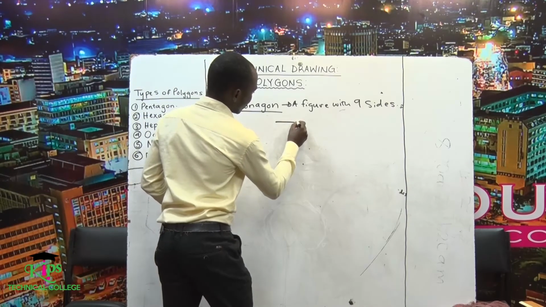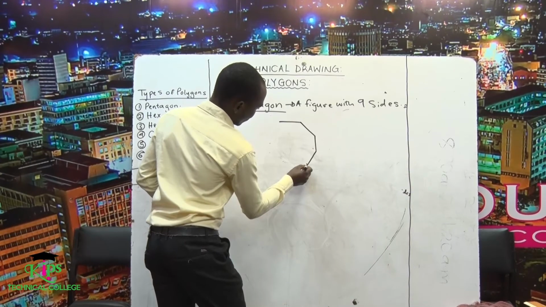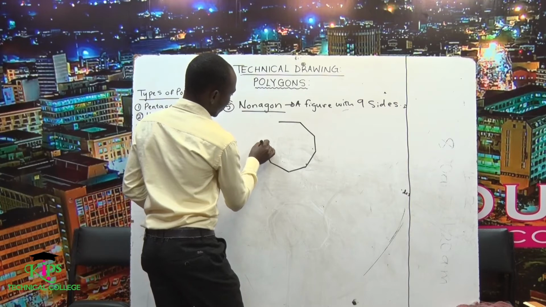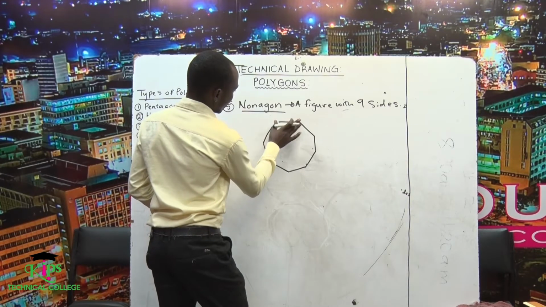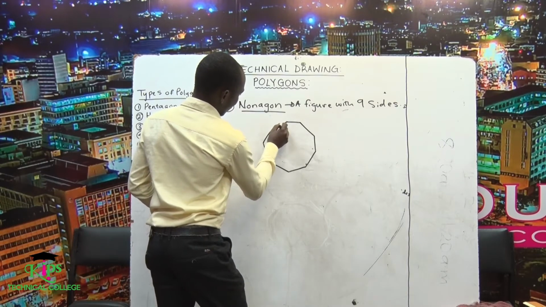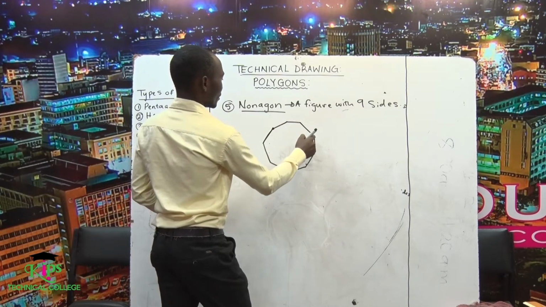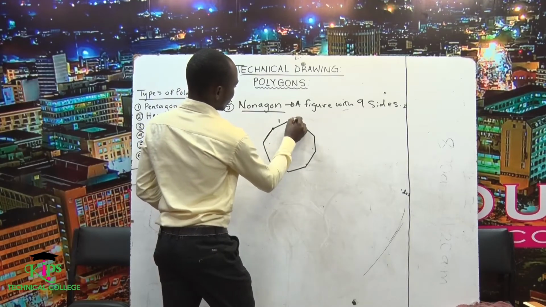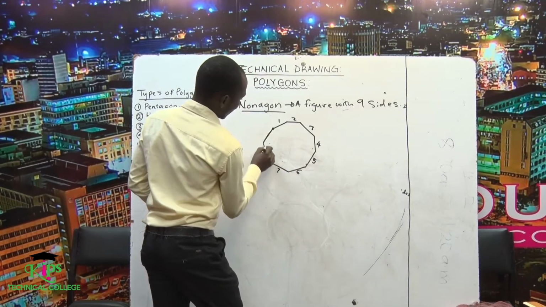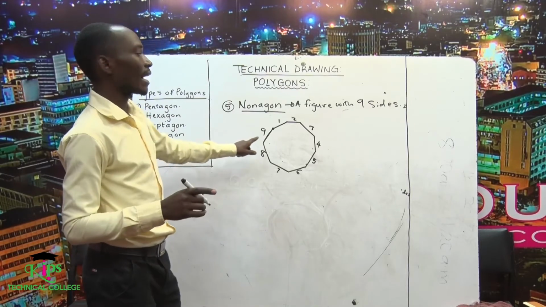So 1, 2, 3, 4, 5, 6, 7, 8, 9. So for instance, you can see it has got 9 sides.